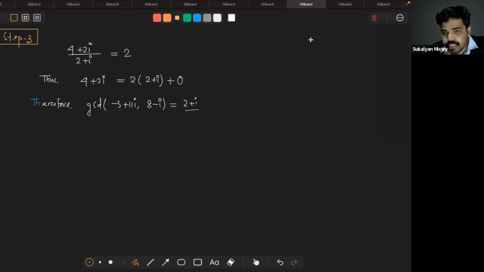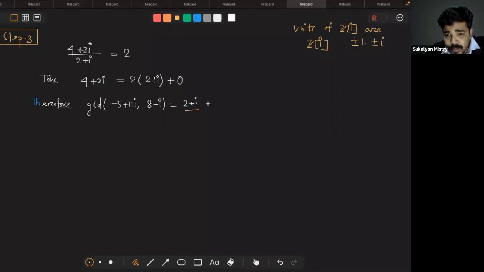আমরা জানি যে zi এর ইউনিটস গুলো, হোয়াট আর দ্য ইউনিটস অফ zi, units of zi are +1 or -1, plus i or minus i.